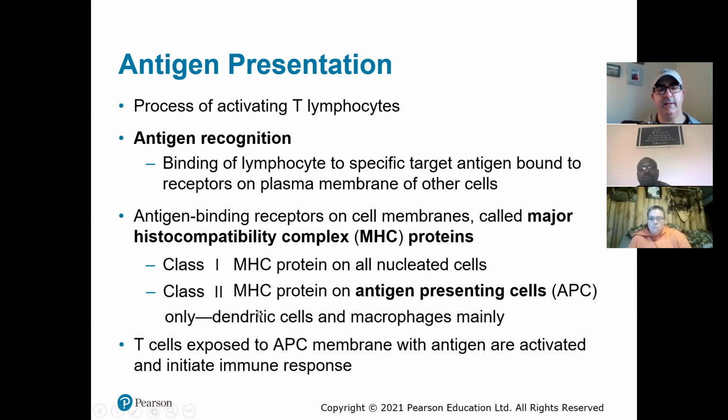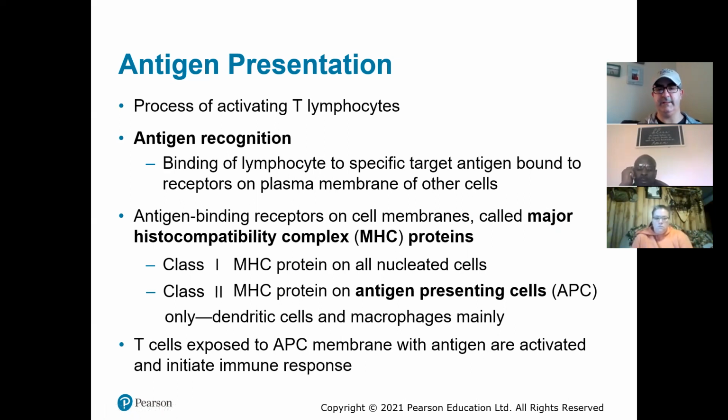So what this is talking about here is that T cells have the ability to see class 1 and class 2 MHC proteins. MHC stands for major histocompatibility complex. MHC proteins are the self antigens, the antigens on your own cells, right? So T cells recognize that the MHC, the self antigens, are there.